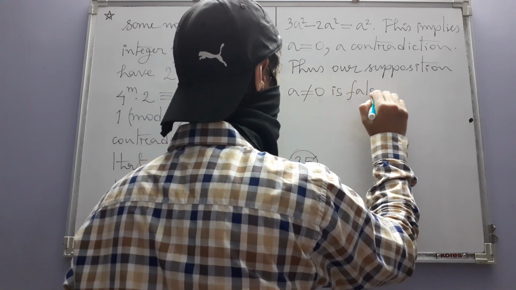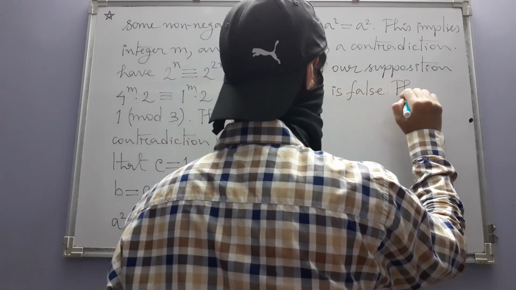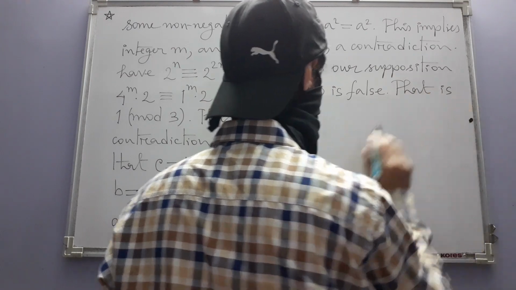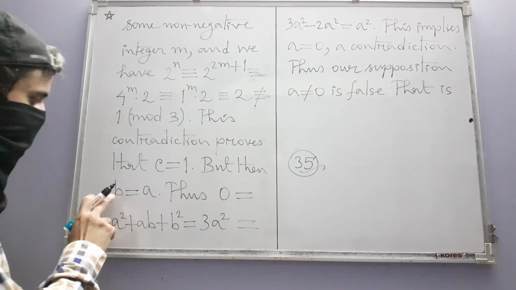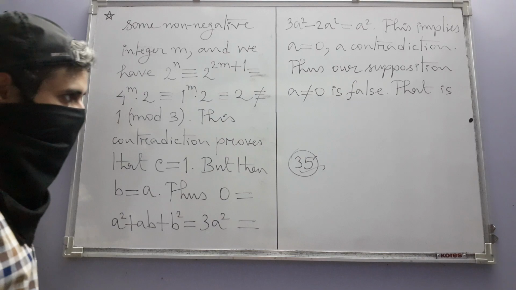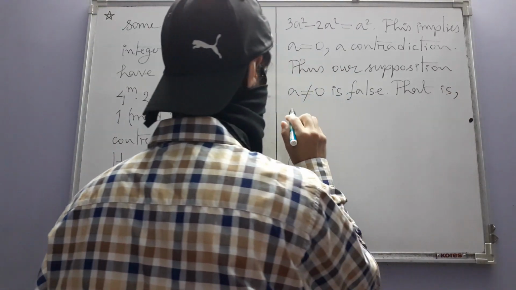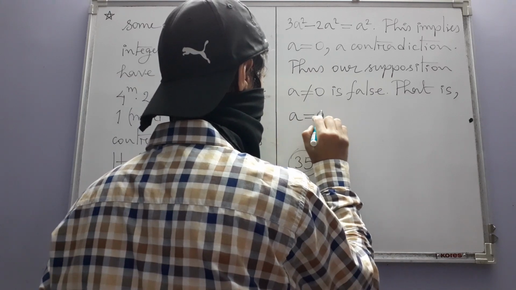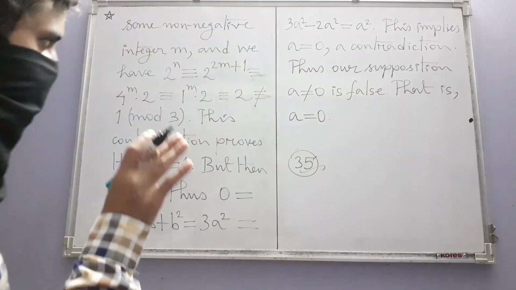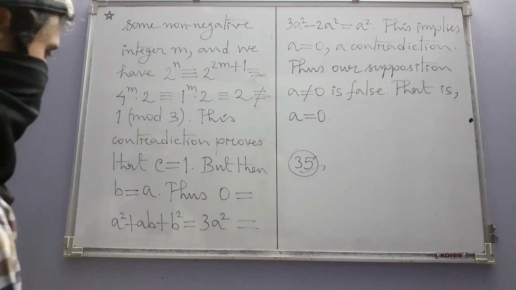This is false. So a must be 0, and because of this equality, b must also be equal to 0. Oh, just hold on.